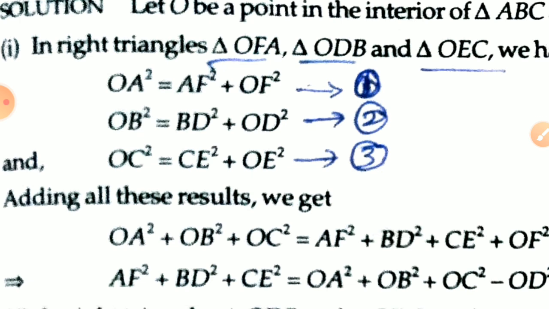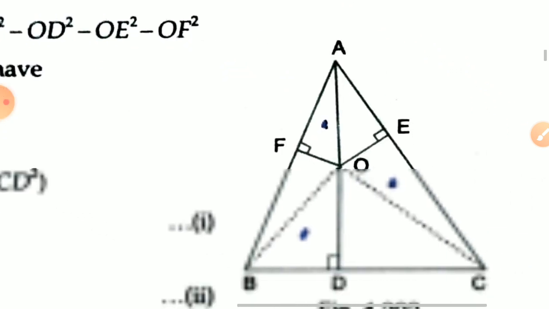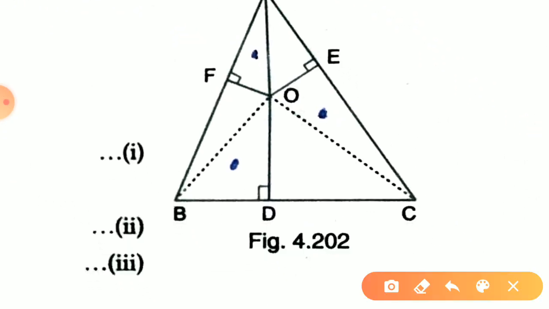Now we will consider the third triangle, that is OEC. Here is triangle OEC. In this triangle, OC is the hypotenuse.